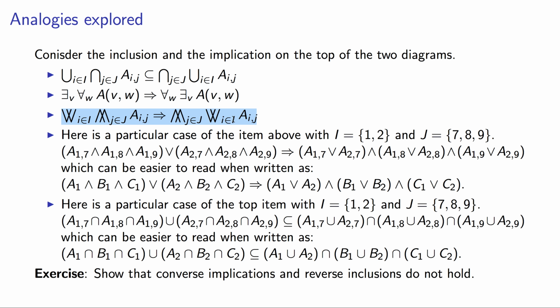And then we can explore what this statement means in a particular case when the index set I consists of numbers 1 and 2, and index set J contains numbers 7, 8, and 9.